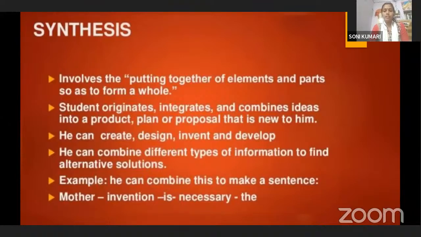For example, I give a jumbled sentence of English grammar: "Mother invention is necessary." If the student is able to arrange this sentence, he can write "Necessity is the mother of invention."